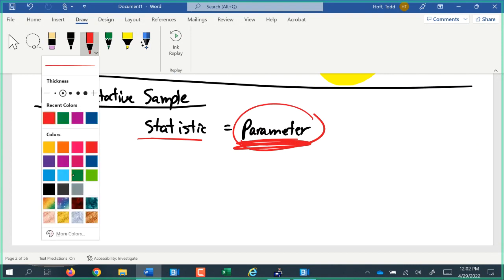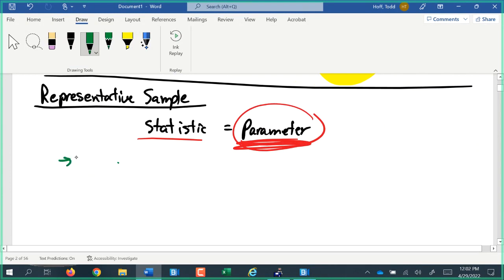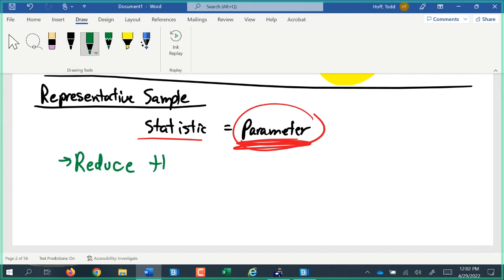So what we can do, though, is reduce the chance of sampling error. Make it less likely that our sample is going to have those biases in it.